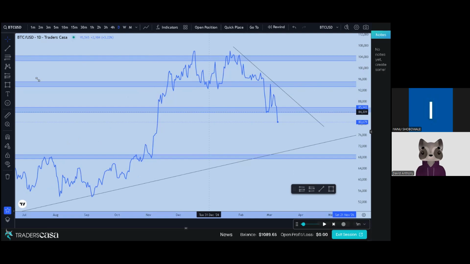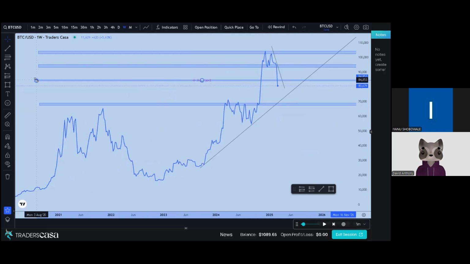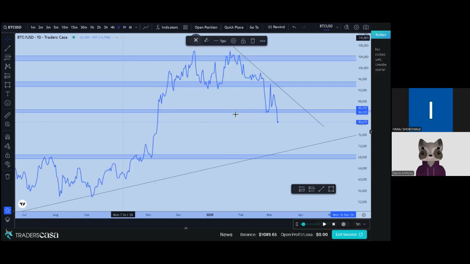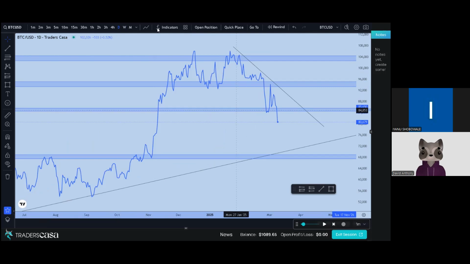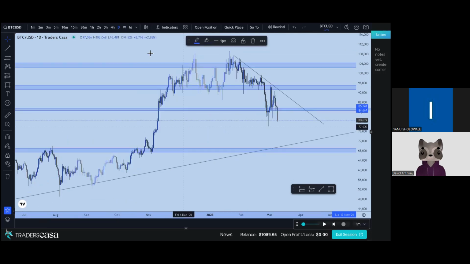I'll try and reduce the size a bit. Come to daily. Okay, so I can take it up a bit. Then candle. Okay. So you can see there is a support and resistance level right there.